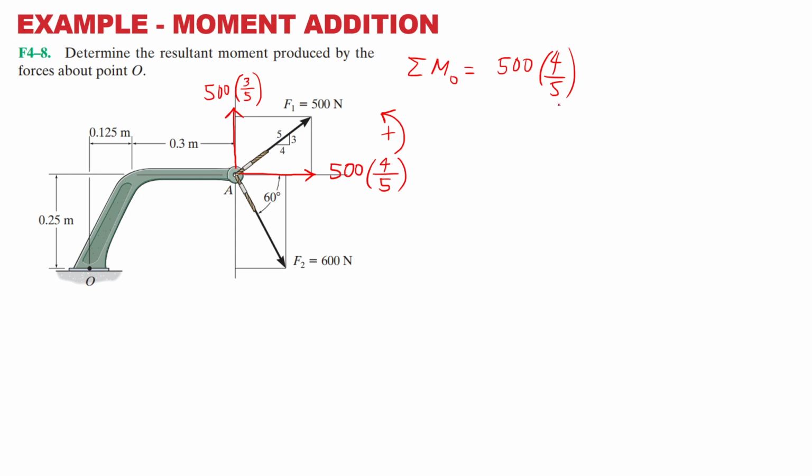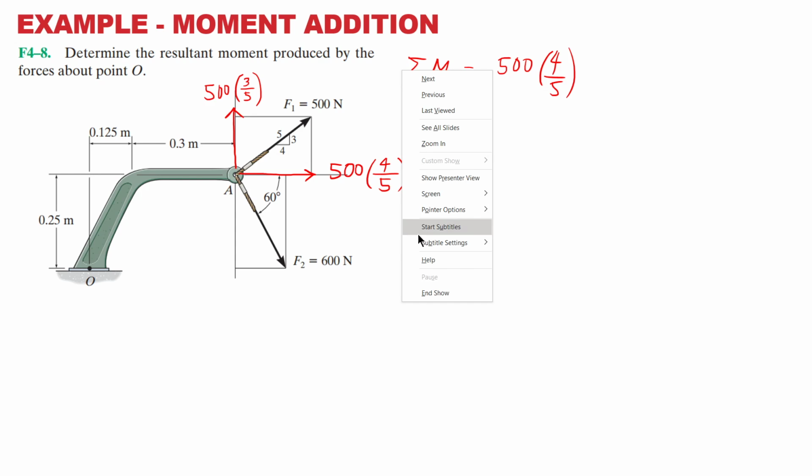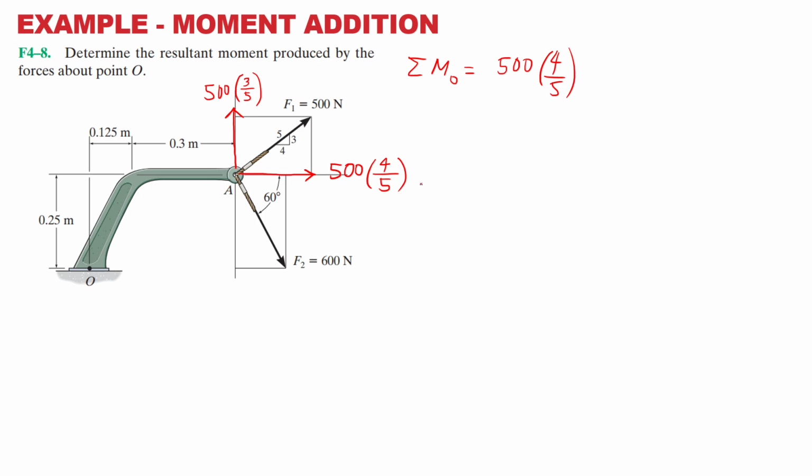Oh, this is confusing. You might be confused. Yeah, I'm confused already. So this one is wrong. This is not rotating like this. It's actually rotating like this. Why? Because it's 500, right? 500 is rotating like that.